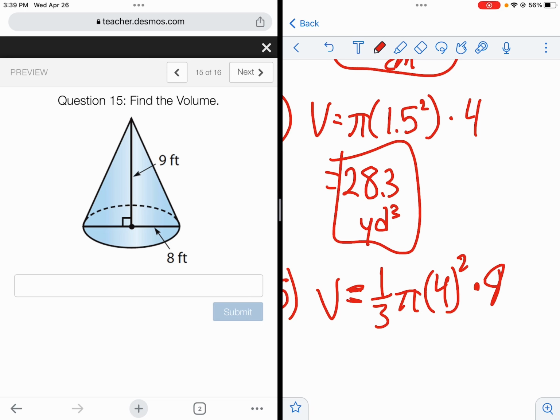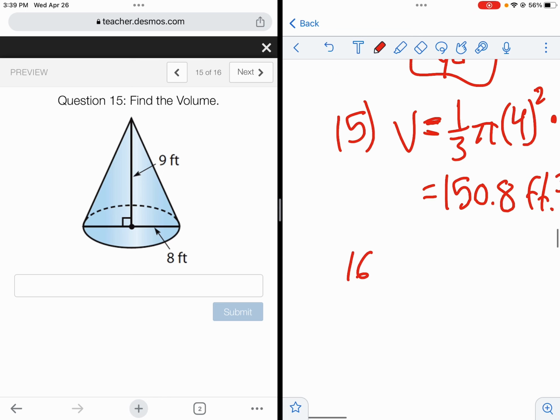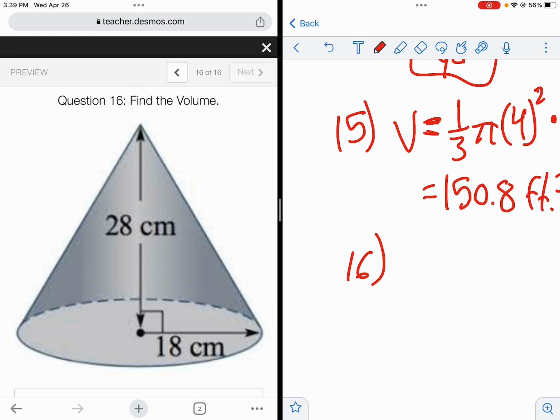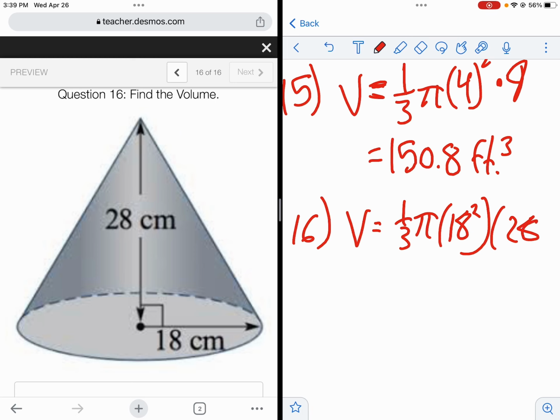So when you type that in, it should be about 150.8. And that's in feet cubed. And last one, last but not least, we have number 16, which is where we find the volume of this cone, which the volume is 1/3 times pi times 18 squared, radius squared, times 28, which is my height.